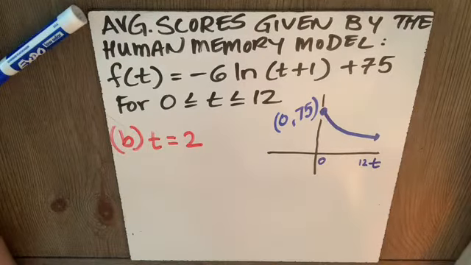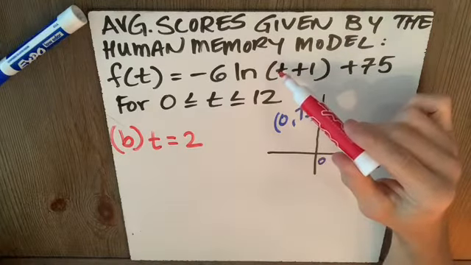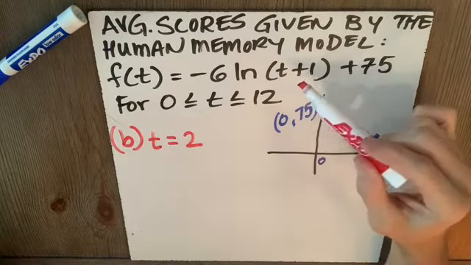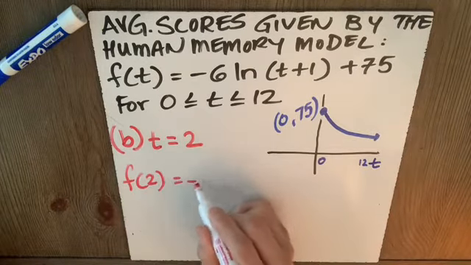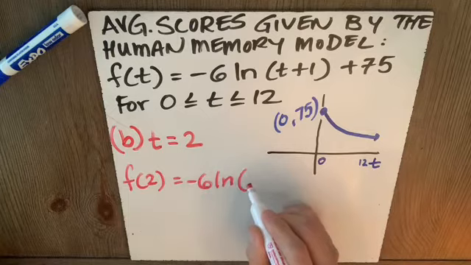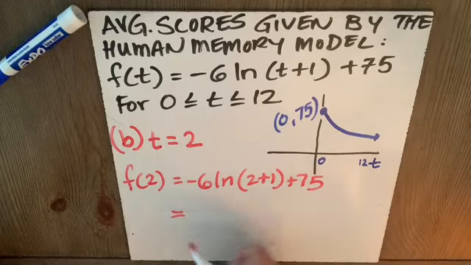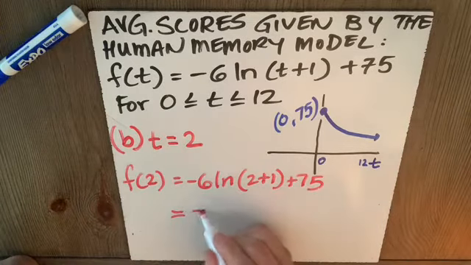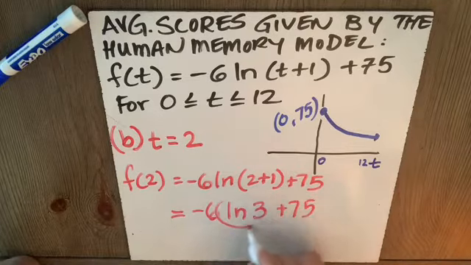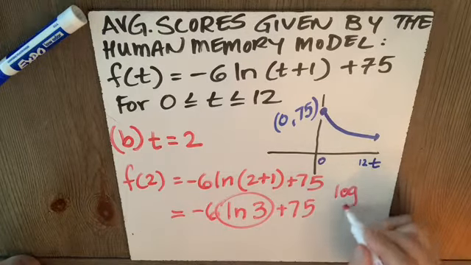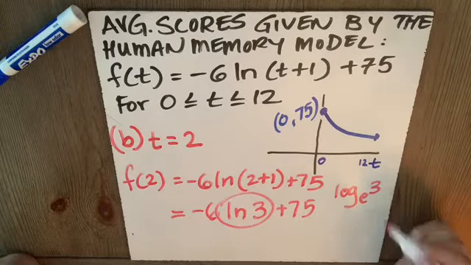At 2 months, how much material has been remembered? Well, that would be t equals 2 because t is in months. So the function value at 2 will be -6 natural log of 2 plus 1, plus 75. That simplifies to -6 natural log of 3 plus 75. Note, this part here means log base e of 3. And so we're asking e to what power gives us 3?